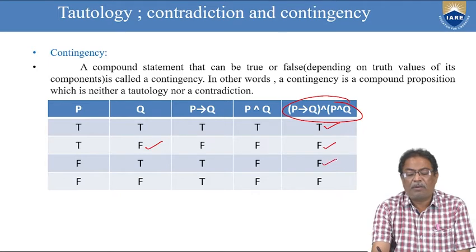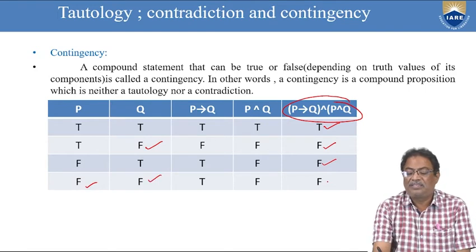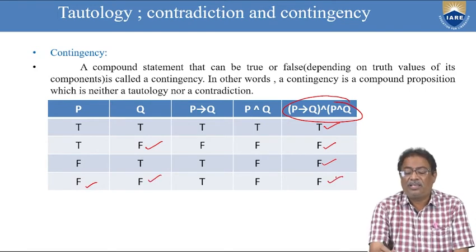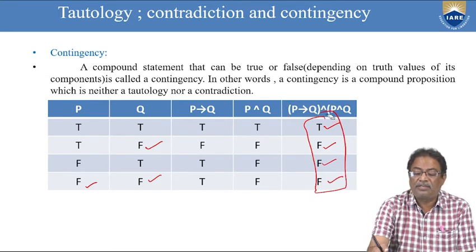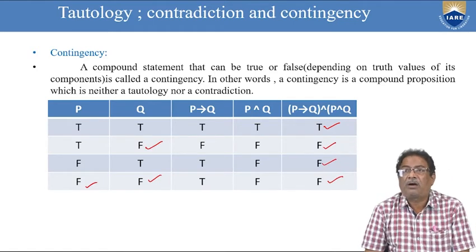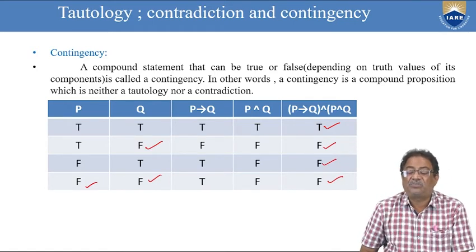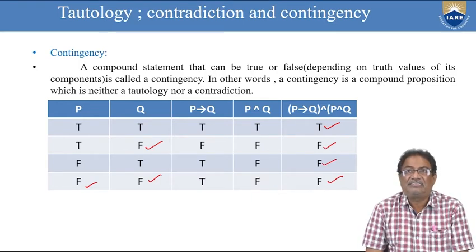Observe the combinations: false, true, it will become false. If I take false, false, then the result is false. So in this column, some are true and some are false. In such a situation, the compound proposition is known as a contingency.